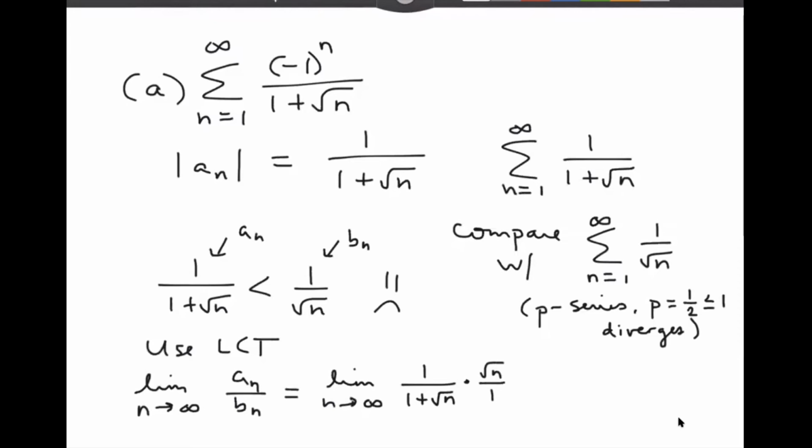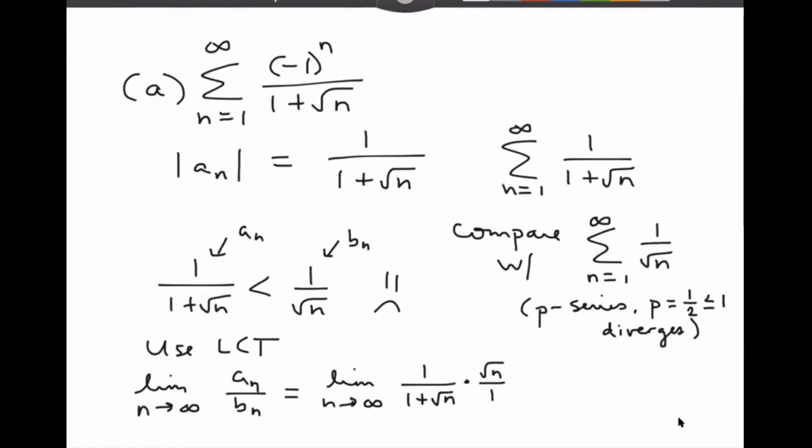And I think what we can do here is use our Calc 1 shortcut. This is not technically a rational expression because square root of n and 1 plus the square root of n are not polynomials, but they still act like polynomials. You can still talk about dominant terms and leading terms and all that stuff.